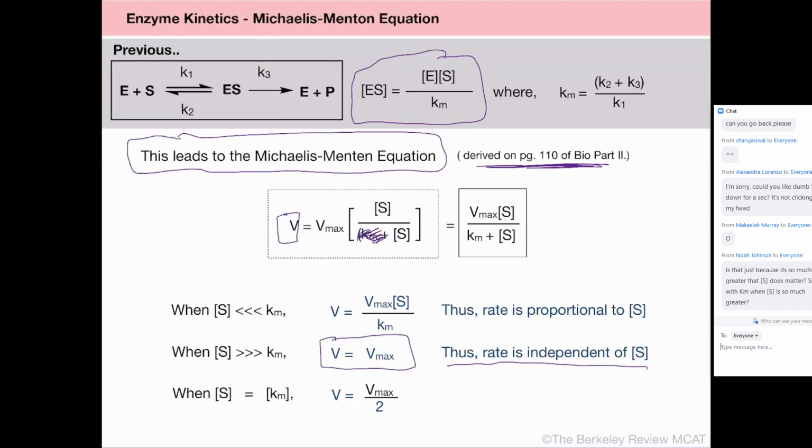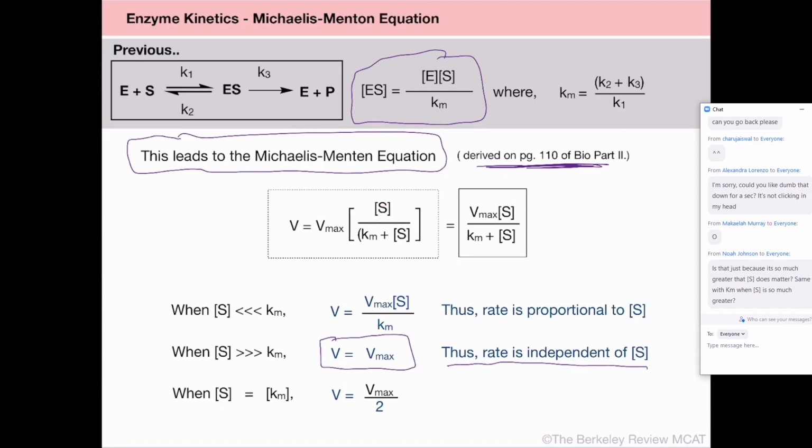What happens if we test right in the middle? What happens when our substrate concentration is actually equal to our Michaelis-Menten constant? That would just be V equals Vmax over 1 plus 1, which is 2.